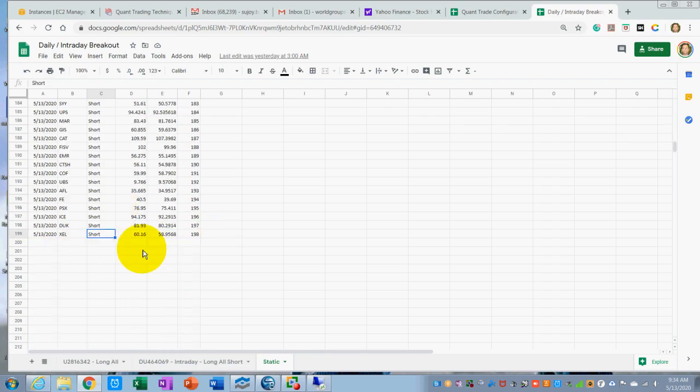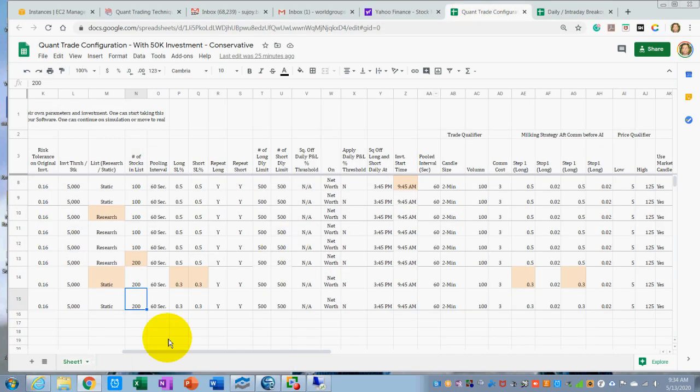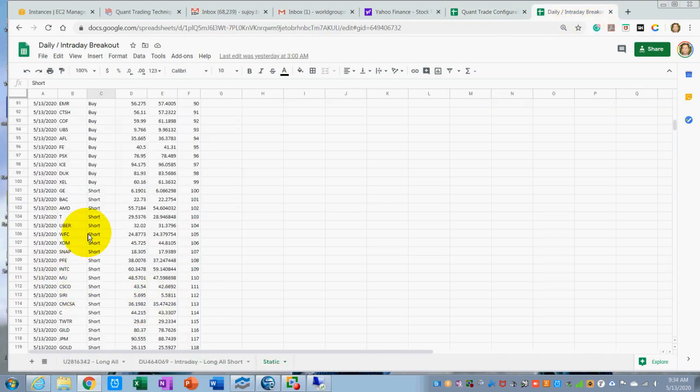So roughly 200 stocks is what we are playing with for both long and short. This is a static list as per today's configuration. We are following a static list, so there is no research. So this is where we are as of now.